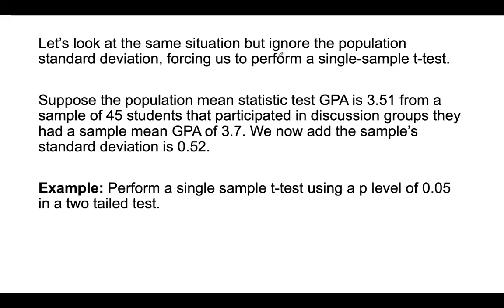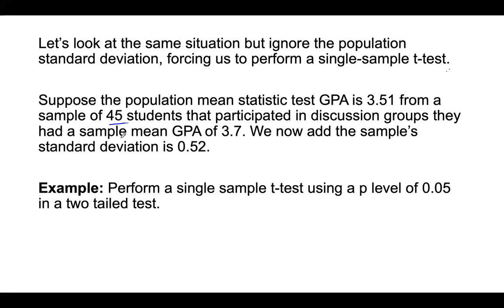So let's look at the same situation, but ignore the population standard deviation, forcing us to perform a single sample t-test. So we're going to do the same thing. Suppose the population mean statistic test for GPA is 3.51, from a sample of 45 students that participated in discussion groups.